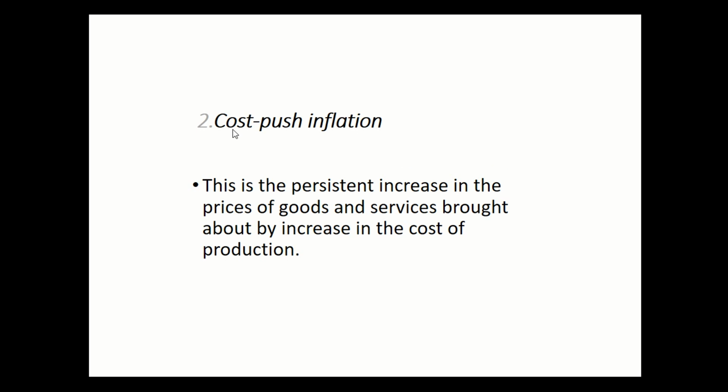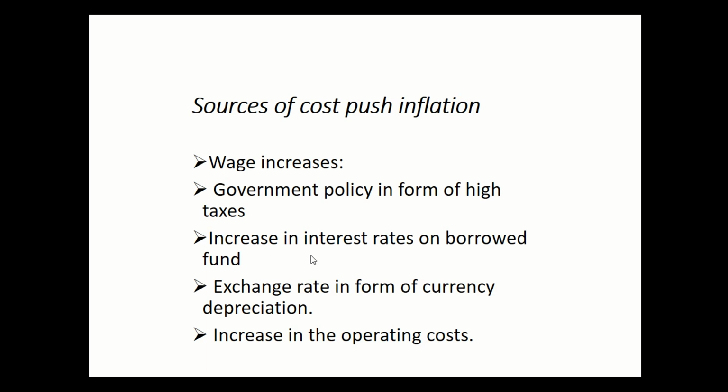And when the producers increase the price, it is inflation. It is a persistent increase in the price of goods and services brought about by an increase in the cost of production, as said before.